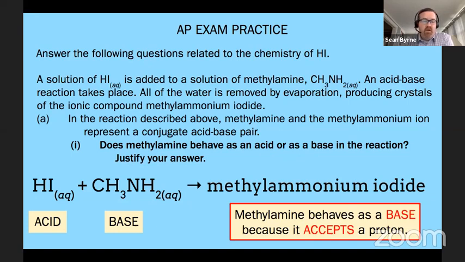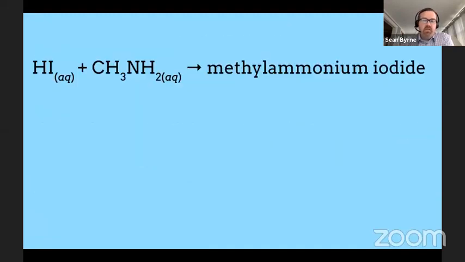For those of you that are having a hard time seeing how methylamine can be a proton acceptor, let's look at some pictures of some different representations of what this could look like. So one way to talk about this reaction would be to draw some particle pictures. Hydrogen iodide might be represented something like this, with our hydrogen being the white sphere here and iodide being a purple one.